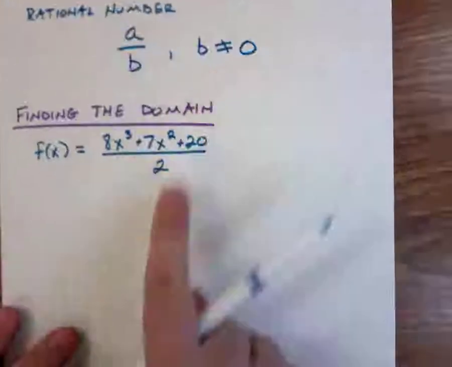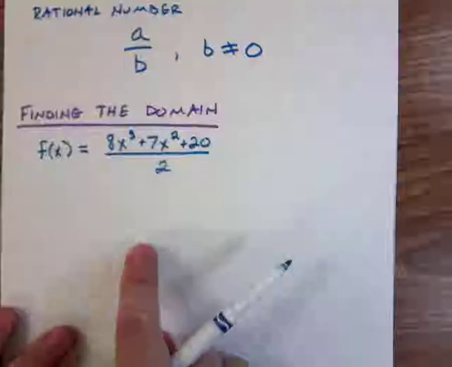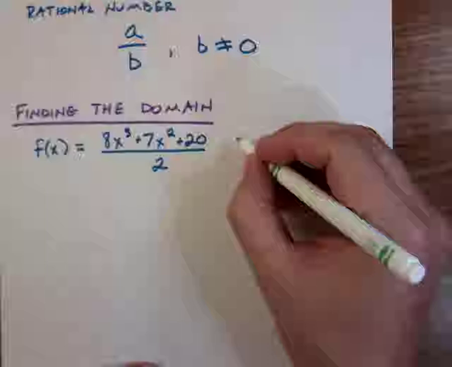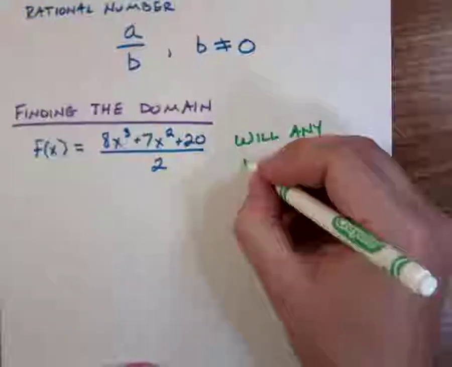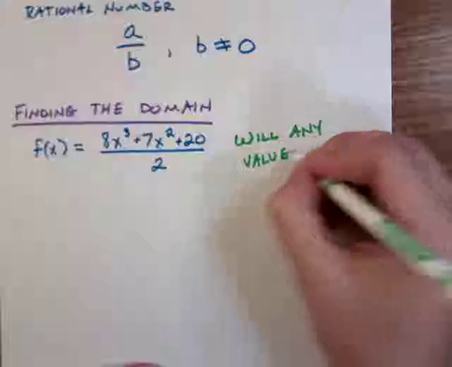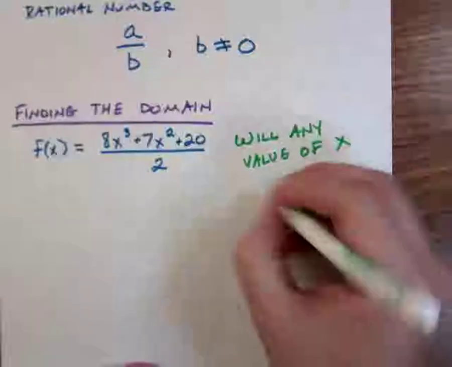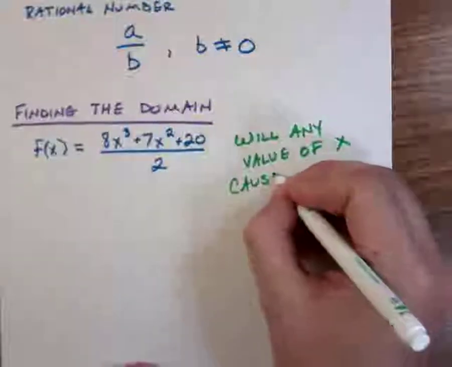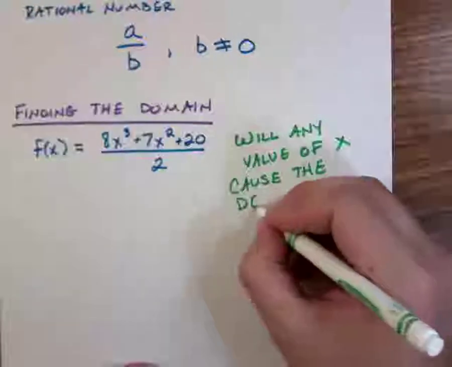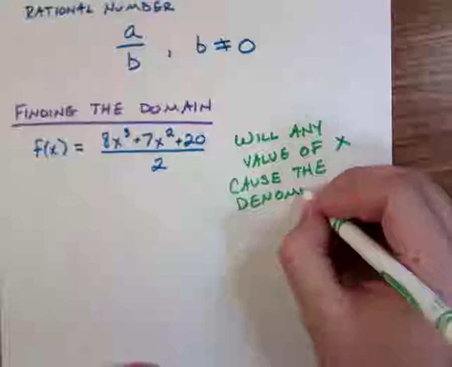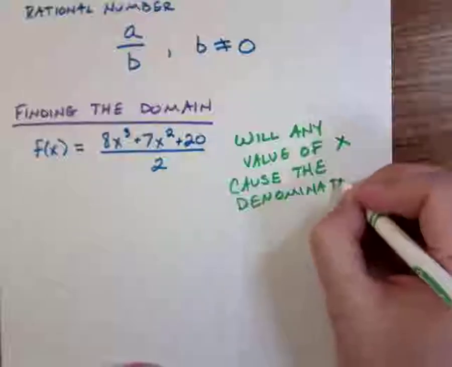So when I'm finding the domain, the question I'm asking myself is, will any value of x cause the denominator to equal 0?